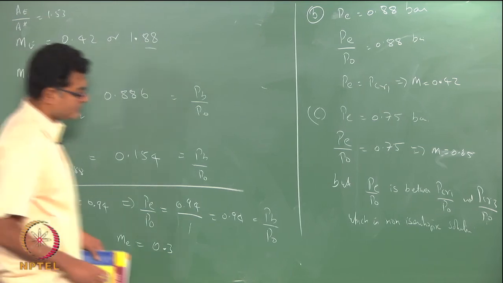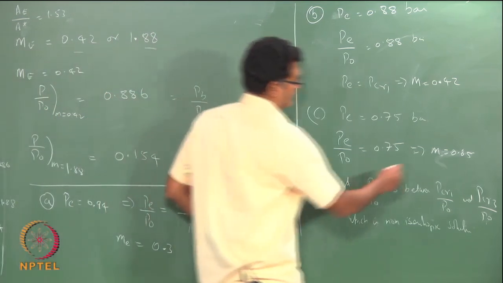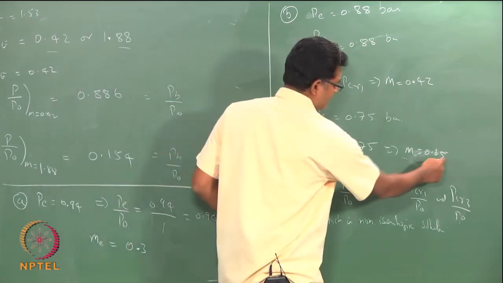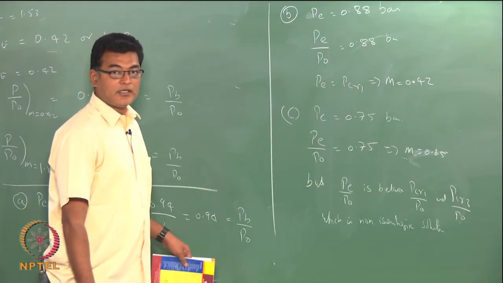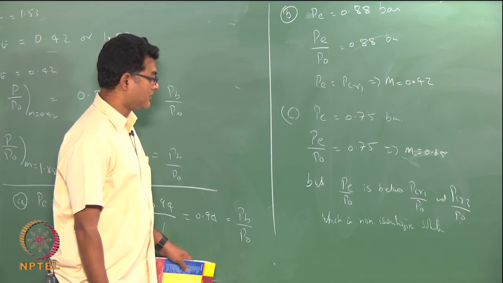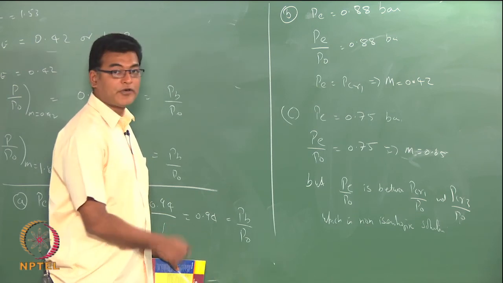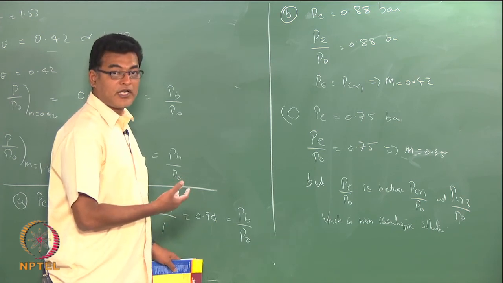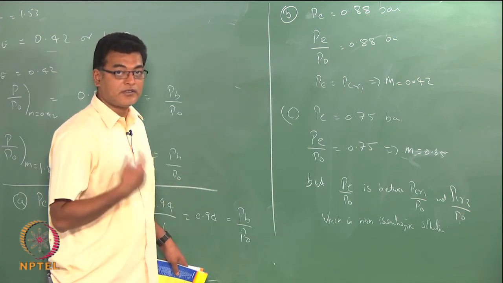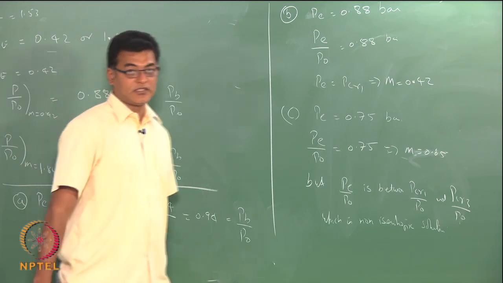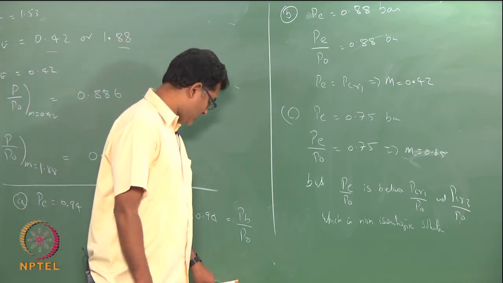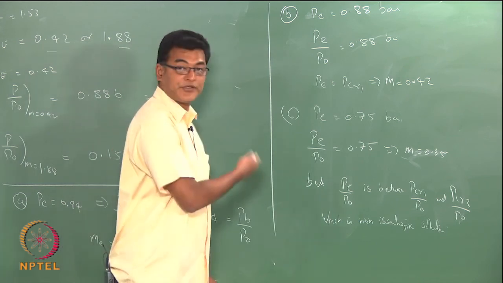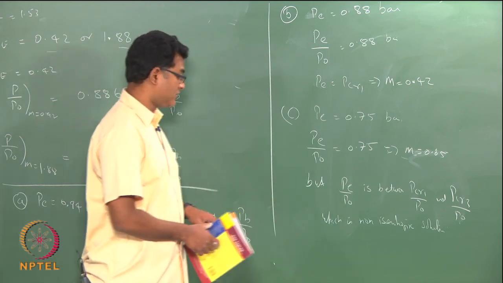How can you prove this? For this particular Mach number, you look for your area ratio and show that A star is larger than your throat area. So, hence this cannot be a possible solution.